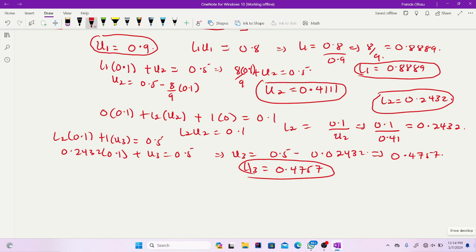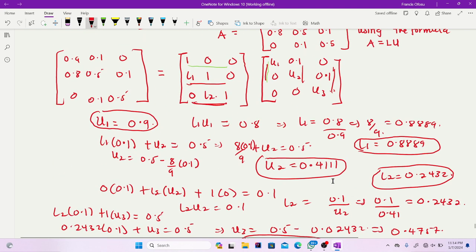So the next thing to do is I'm now done with all my unknowns. So I simply go and do my substitution and I am good to go. So I can come back to my matrix, then clear off all the unknowns. Starting with the L, I know that L1 is 0.889, right? So I can simply write it by replacing it here. L1 is no more, so I simply write 0.889.